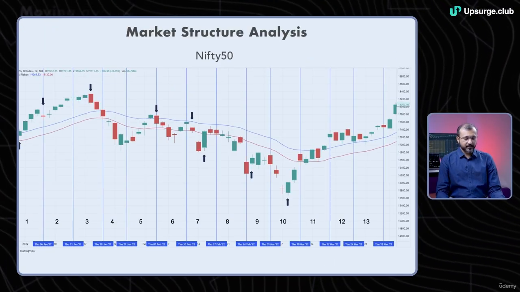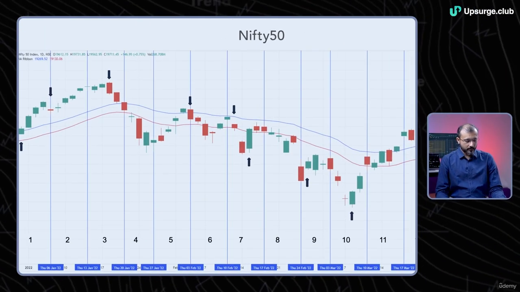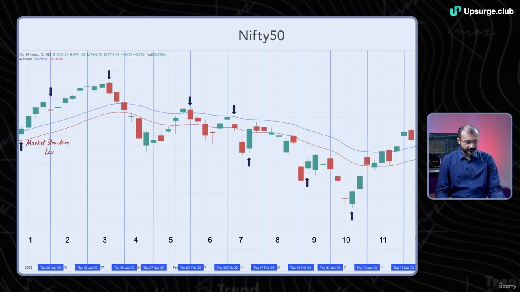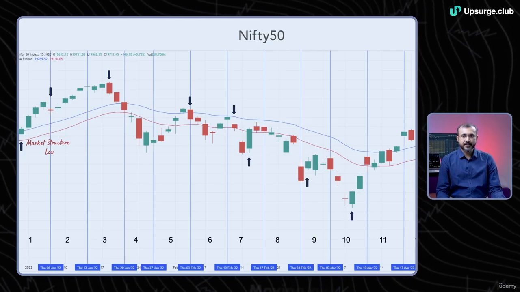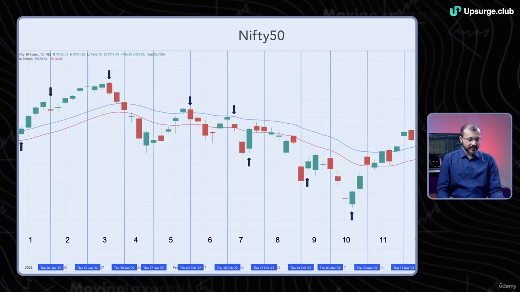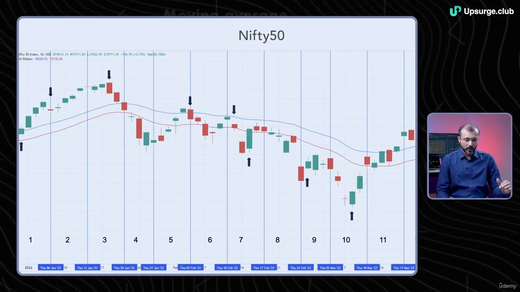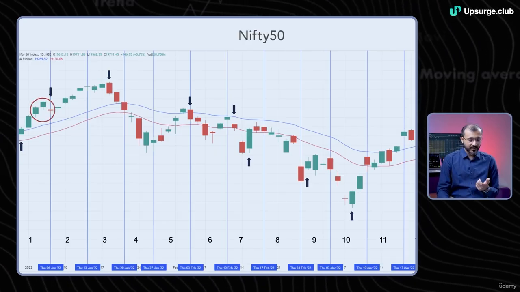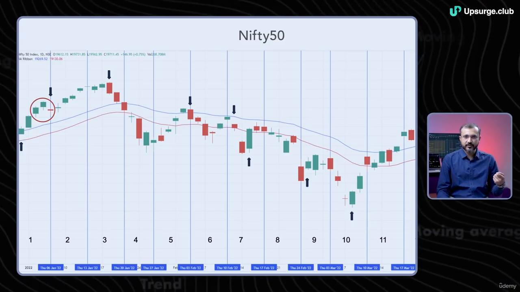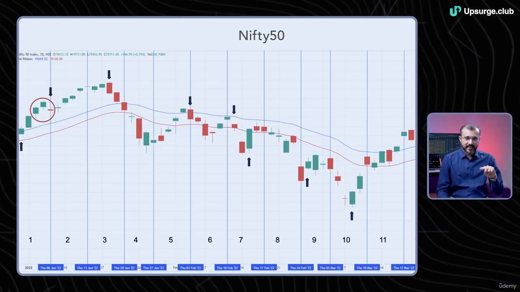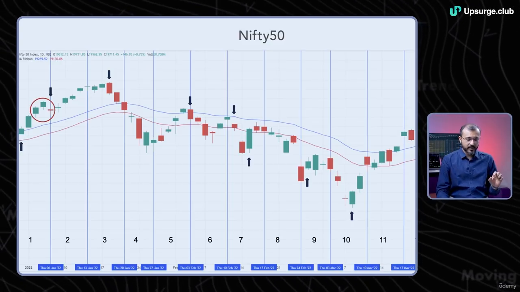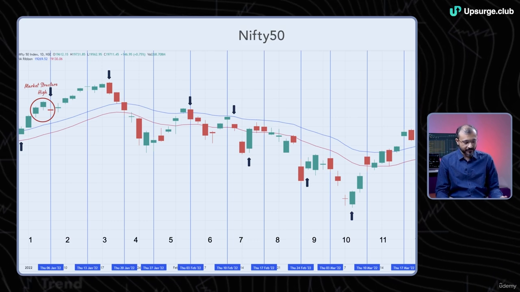The first market structure low of 2022 was plotted on 1st of Jan. Then the next market structure high: you have two bullish candles and then a lower close, a red candle on 6th of Jan 2022, and collectively these three candles formed a market structure high.